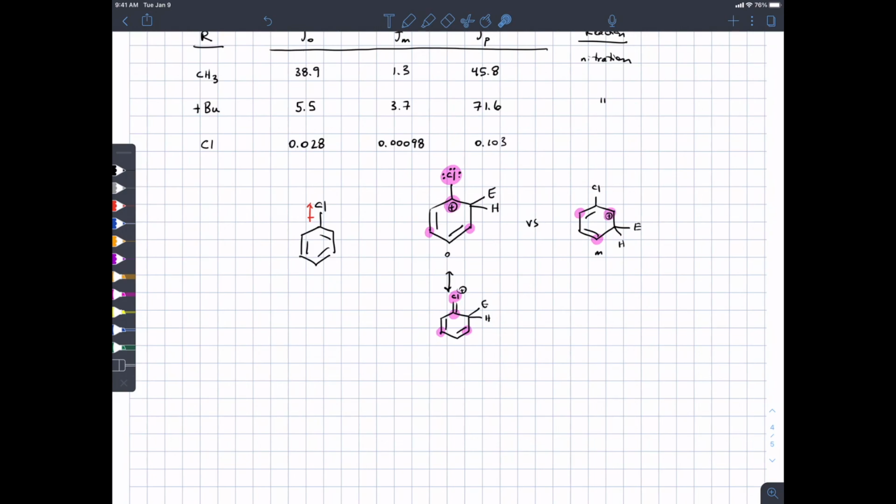So people get mixed up on this all the time. They use sort of shorthand to memorize that activators are ortho and para directors, whereas deactivators are meta directors, and then they'll look, oh, chlorine's an ortho and para director. That must mean it's an electron donating group. It's not.